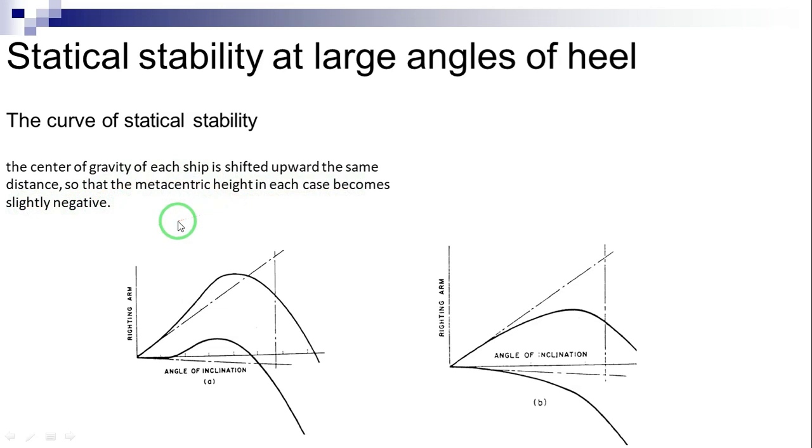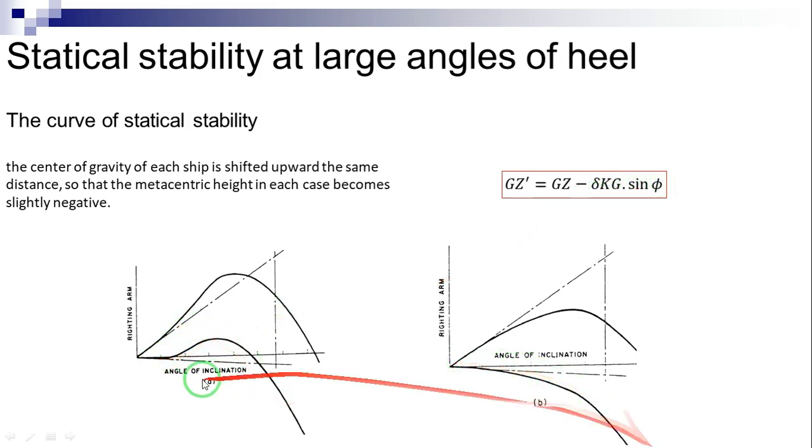At any angle, the righting arm will be reduced by the same amount in each case, the reduction being the product of the vertical movement of the center of gravity, shown here by delta KG, and the sine of the angle of inclination. There is an important difference between the resulting statical stability curves.